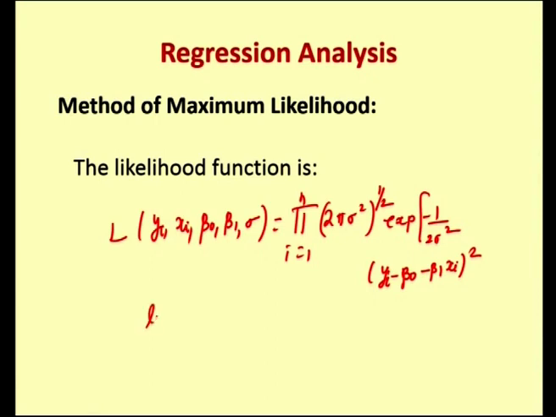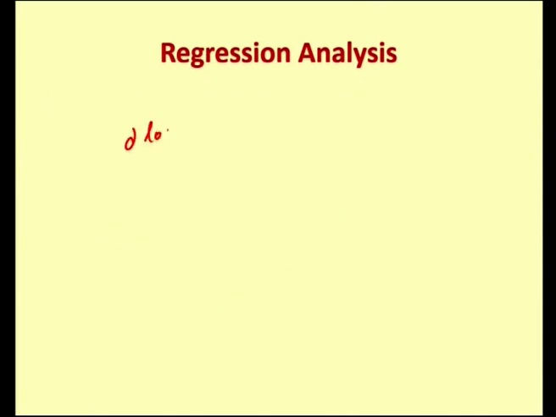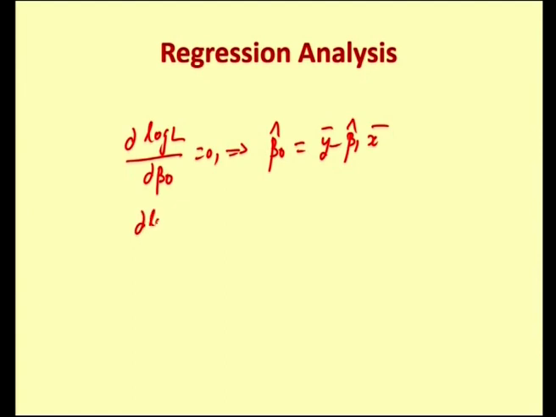We can take log L and differentiating log L partially with respect to beta naught and beta 1 equating to 0, we obtain the maximum likelihood estimators for beta naught and beta 1. So, dou log L by dou beta naught is equal to 0 gives the MLE estimator as beta naught cap is equal to y bar minus beta 1 cap x bar, and dou log L by dou beta 1 is equal to 0.